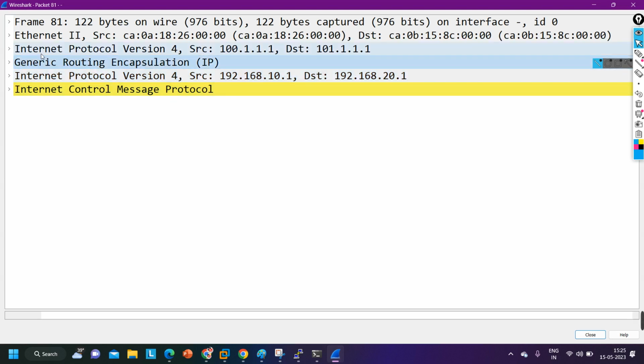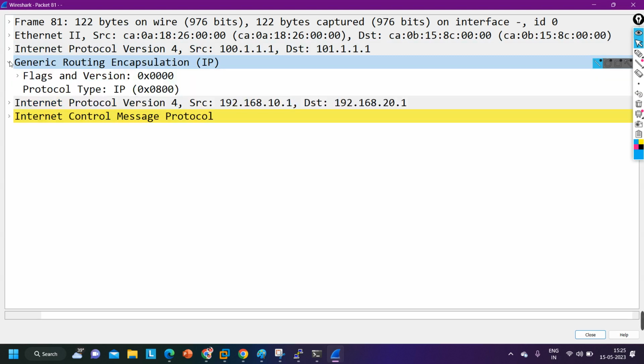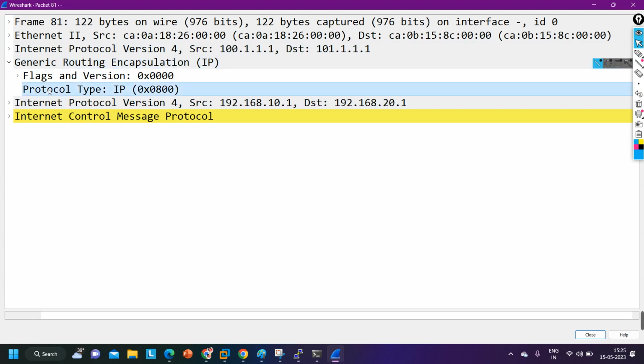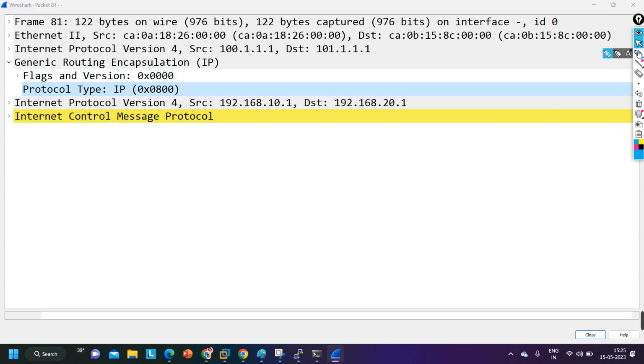After that, see the GRE header, because the exit interface is the tunnel interface. In the GRE header there is one piece of information: the upper layer is the IPv4 protocol. This is actually the type code of the IPv4 protocol.